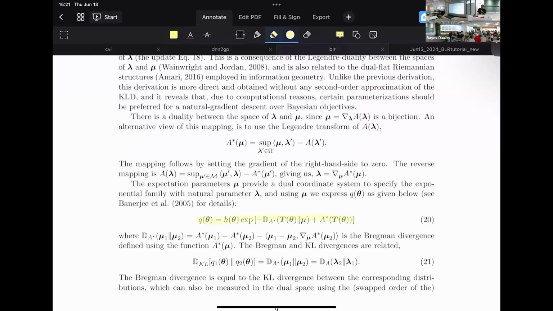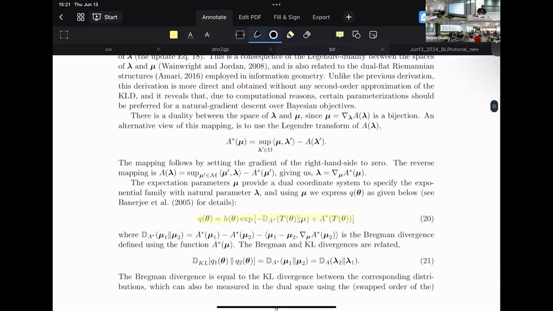Arindam Banerjee is actually going to be here next week. He did this beautiful work showing that you can write an exponential family as lambda transpose t of theta, but you can also write exactly the same thing in terms of mu.